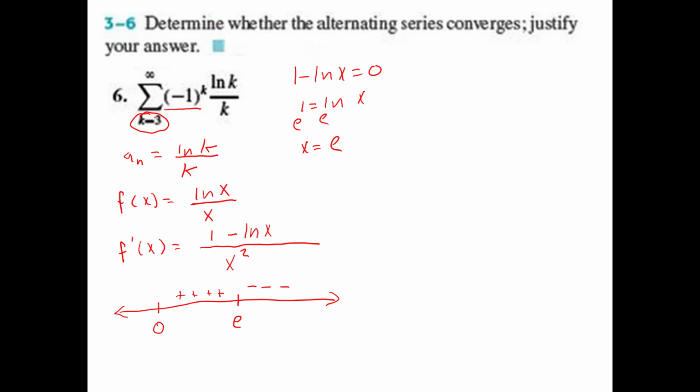So again, to show that the terms are going to zero, we can use L'Hopital. So take the limit as x goes off to infinity of the natural log of x over x.